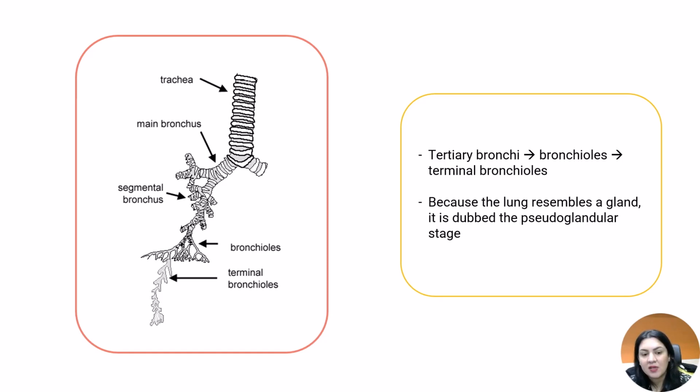And so by the time you get to the end of this pseudoglandular stage, this intricate branching and structural formation of the respiratory system will essentially reach its completion and set us up for the further functional maturation and specialization of the lungs itself.